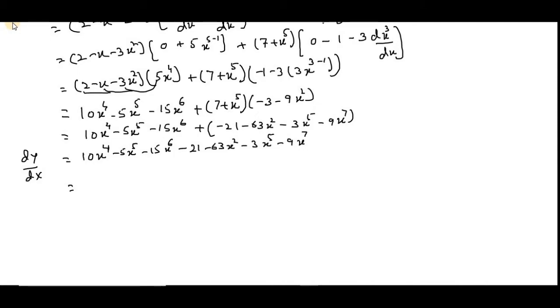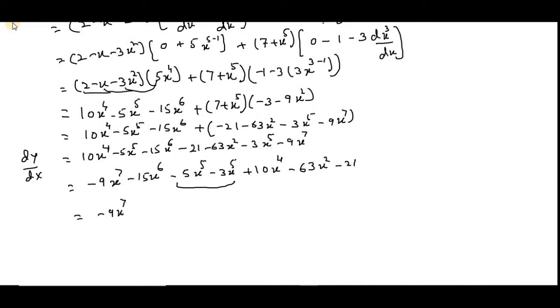Now we can rearrange in descending order, which means starting from the highest power of the variable to the lowest one, that is a constant. So minus 9x raised to power 7, minus 15x raised to power 6, minus 5x raised to power 5 minus 3x raised to power 5, then plus 10x raised to power 4 minus 63x raised to power 2 and minus 21.